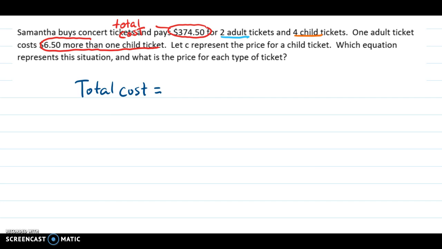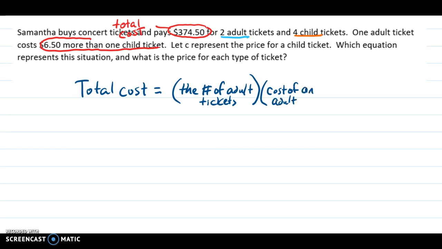So it's going to be the number of adult tickets, and then that gets multiplied by how much each adult ticket is, the cost of an adult ticket. And this here just represents how much it would be if we only had adults.